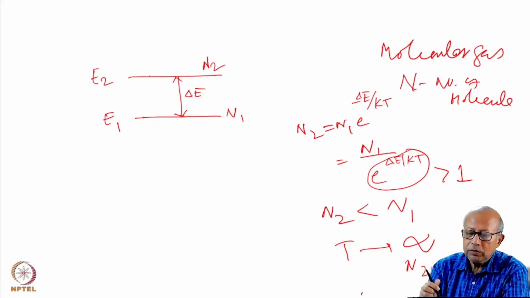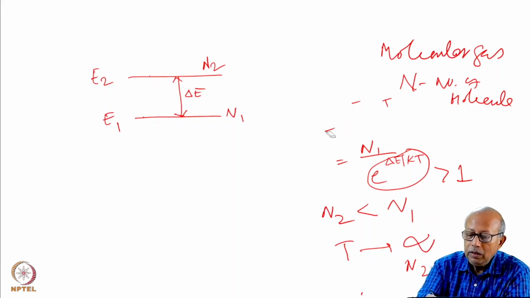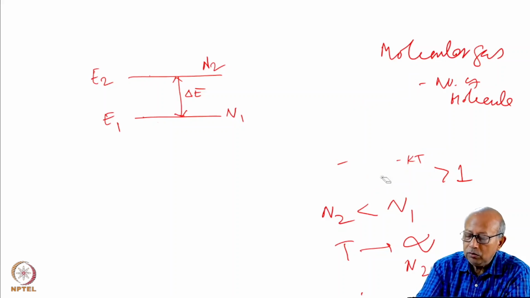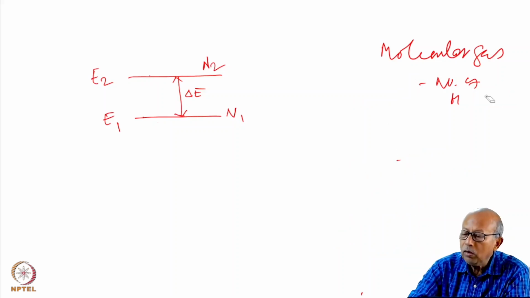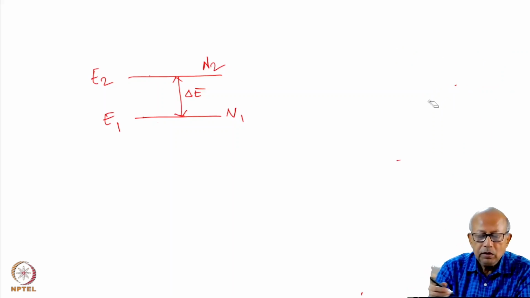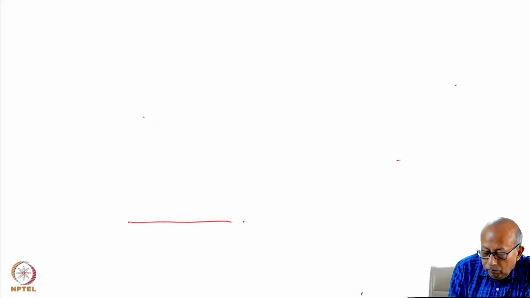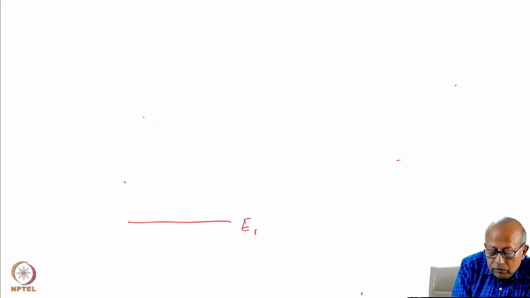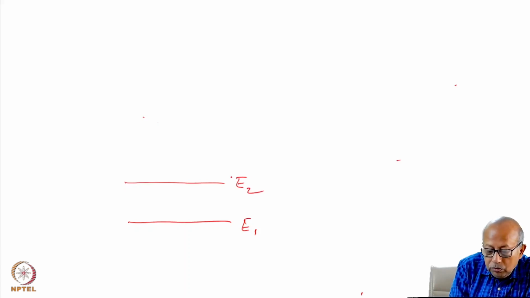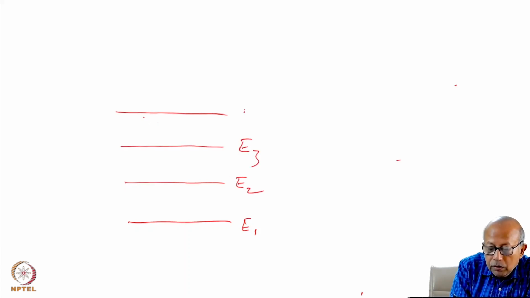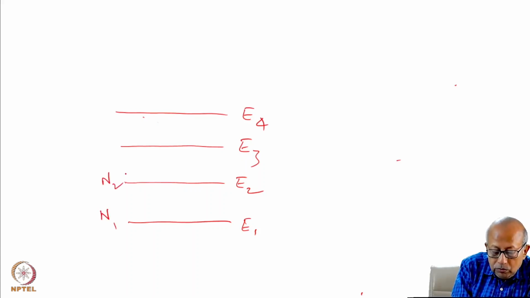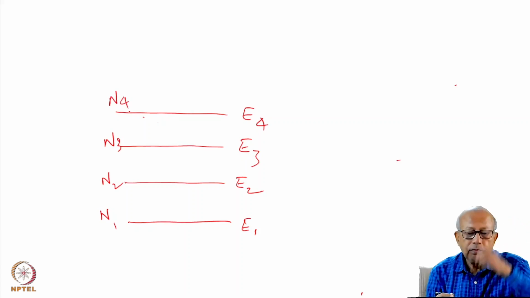Now suppose you distribute these molecules among many more levels. For example, say this is E1, E2, E3 and E4, with populations N1, N2, N3, N4.